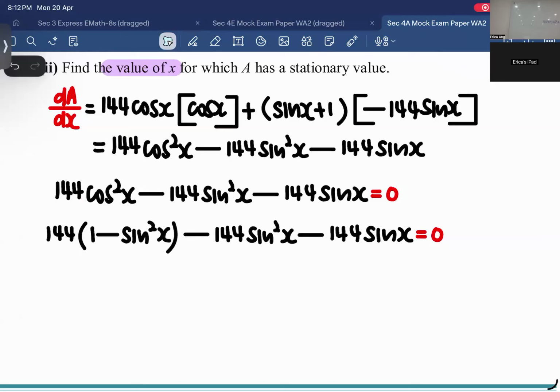Okay, thanks for explaining. Solve it. Make it a nice quadratic, rearrange nicely. So what will you get though?